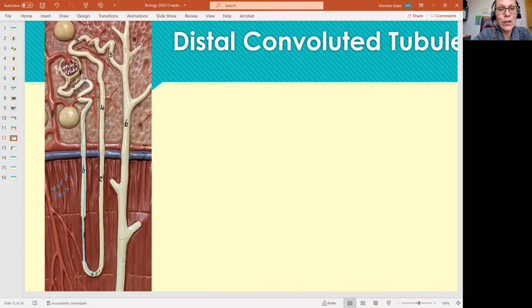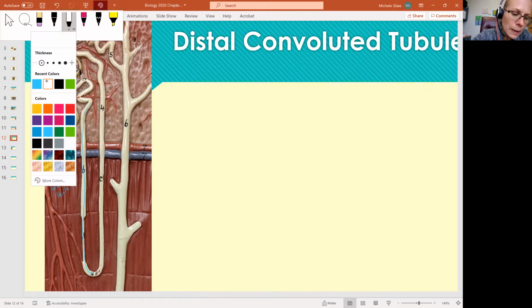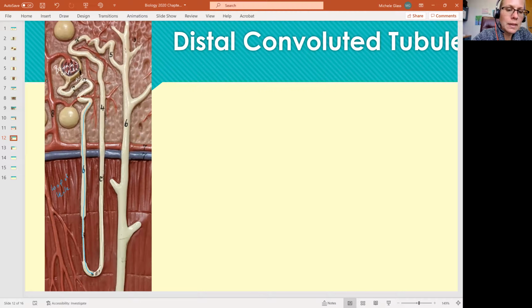So here we see like 15% of the water still in that filtrate gets reabsorbed back. And then we have movement of the fluid up the ascending limb, and here we're going to reabsorb electrolytes, so sodium, chloride, and potassium.